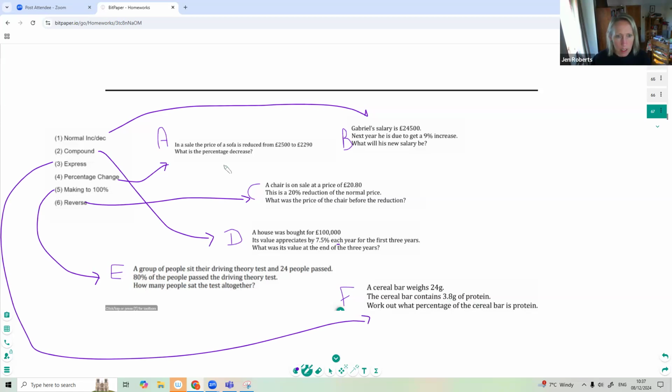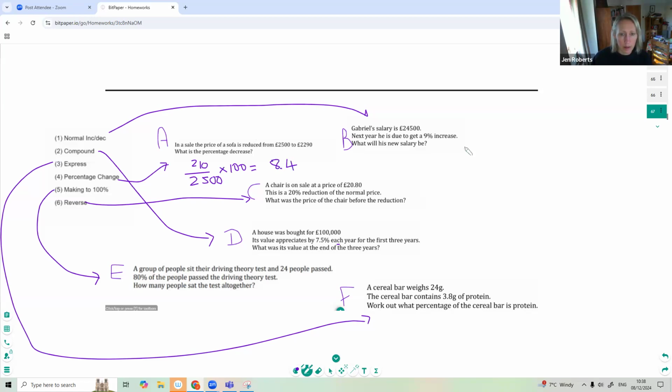So your difference is, hang on, 210. Your original is 2,500. Difference divided by original times 100 gives you 8.4%.